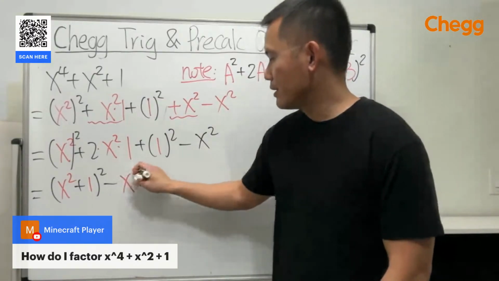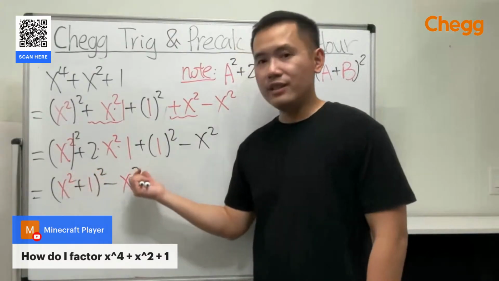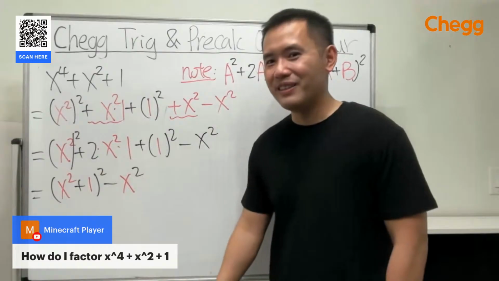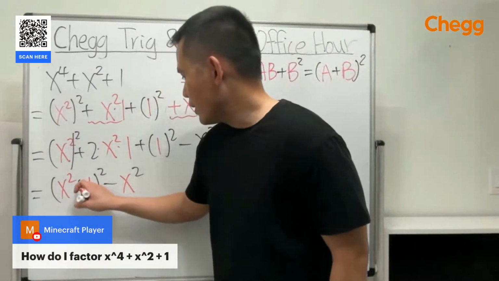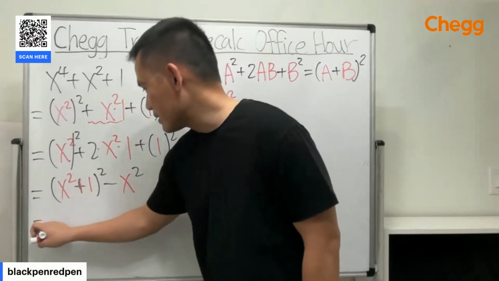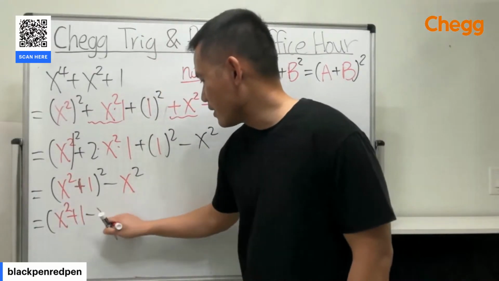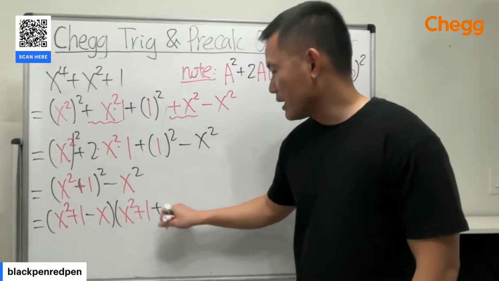Have a look. We have a minus. This thing squared, this thing squared. This is a difference of 2 squares. So once again, we can factor it, right? So let's see if I can just write this down. Here we have the first thing, which is that. So I'll write this down as the first thing, x squared plus 1, minus the second thing here, times x squared plus 1, and then plus the second thing here.